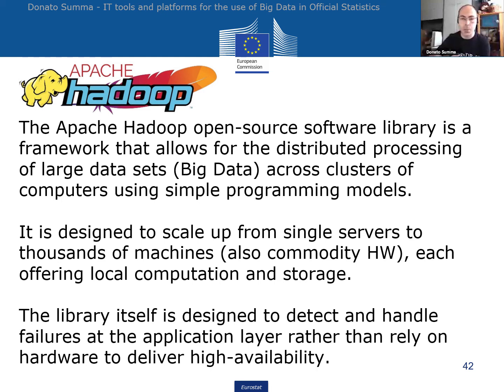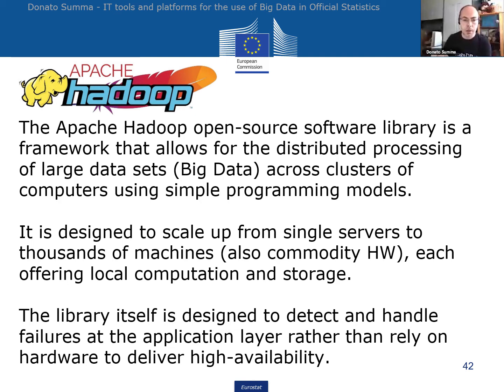So, for example, old computers. And each of these computers offers local computation and storage. So, as I told you before, each node in the distributed system is basically independent. That's why it can offer local computation and storage.